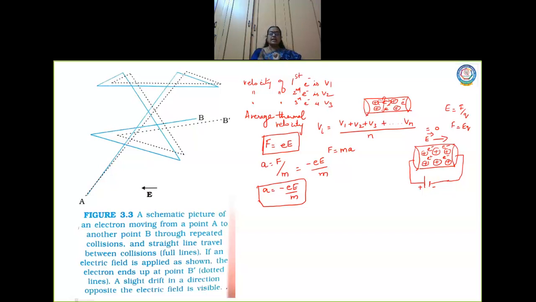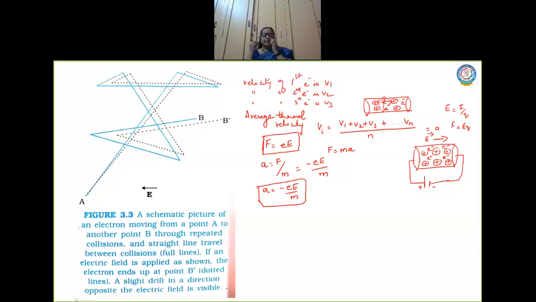Whatever velocity is gained by the electron due to the acceleration is lost when the same electron collides with a positive ion. Suppose I am walking very fast in a very crowded place.